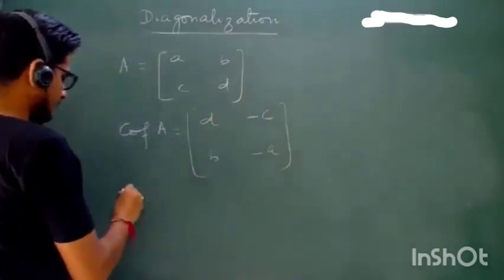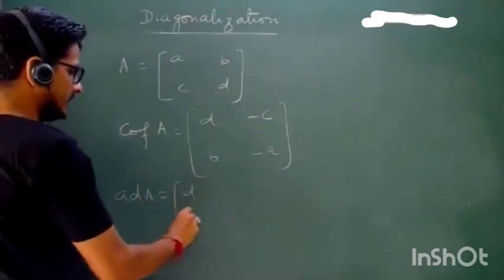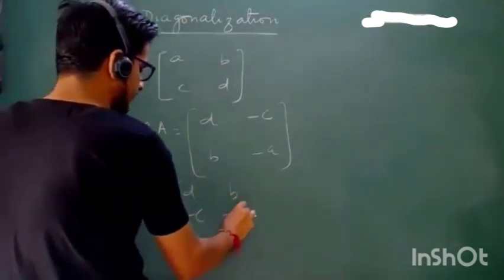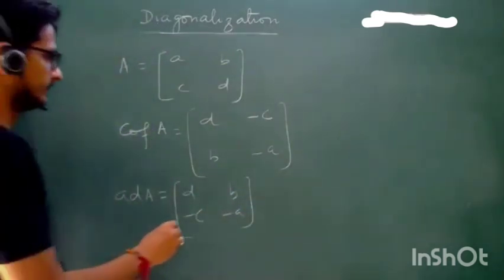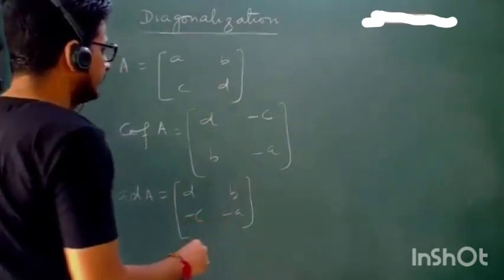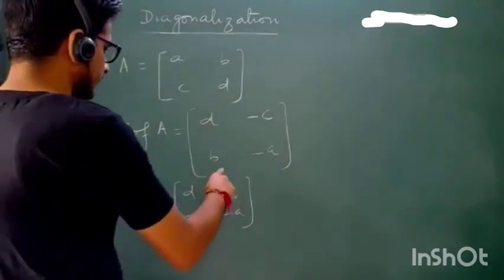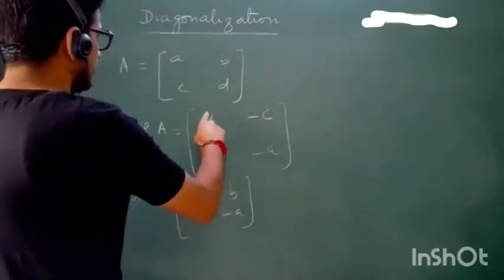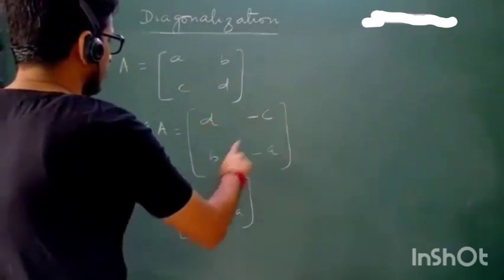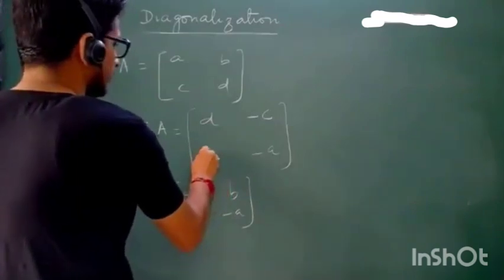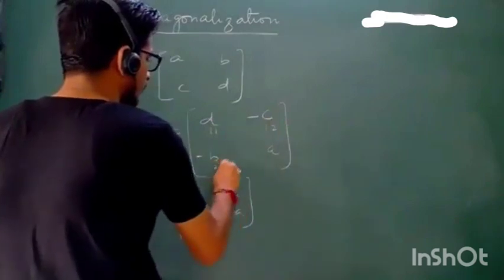Then you take the transpose, so that becomes adjoint A. This is d, then minus c, and then minus b, and then a, because it is 1 1, 1 2, 2 1, 2 2.